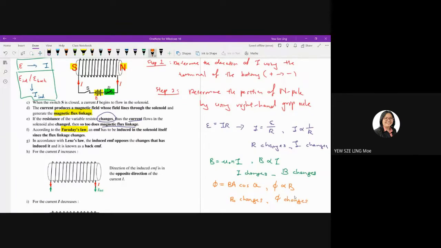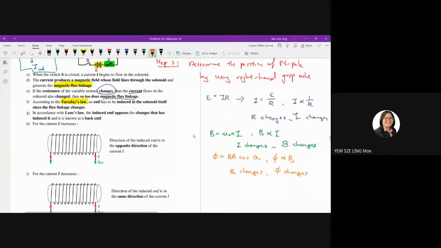According to Faraday's law, when flux changes, you have induced EMF. So that is what happens in the self-induction process. Induced EMF is being produced because of the change in current in our circuit.